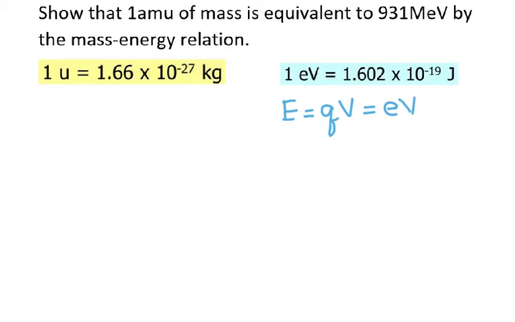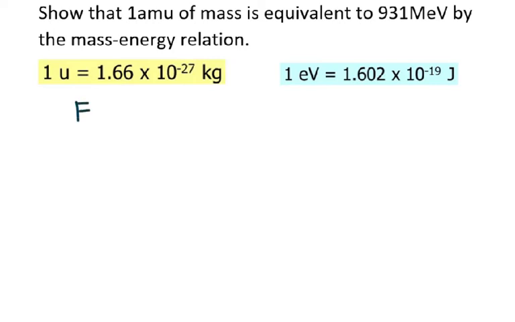So you can always convert energy from joules to electron volts. You would multiply the energy that you find in joules by the charge of an electron, and you can convert electron volts into joules.